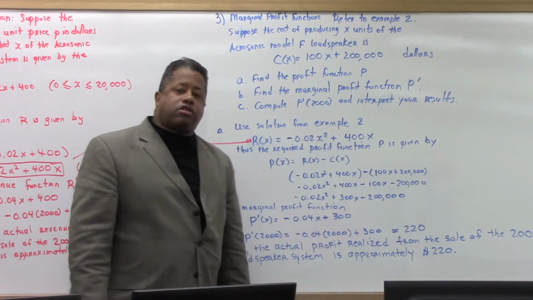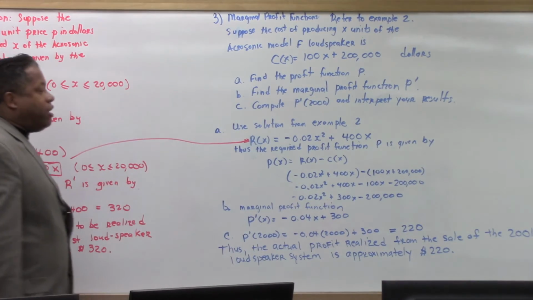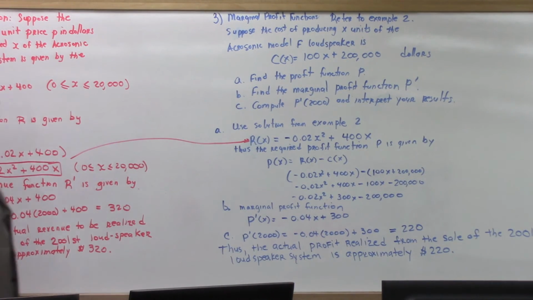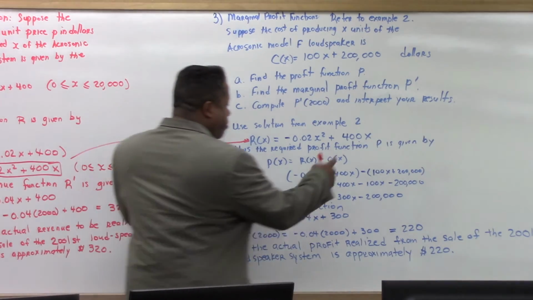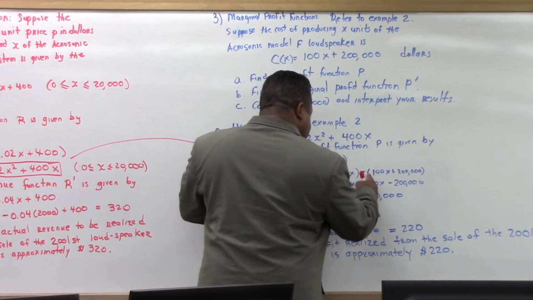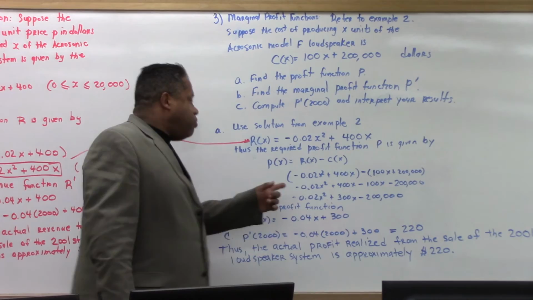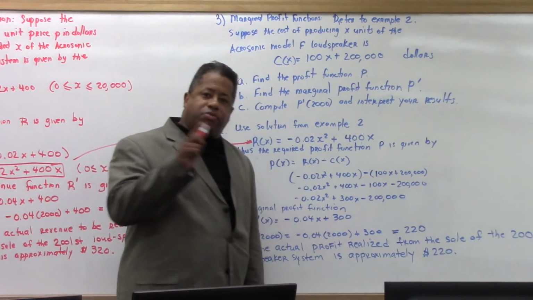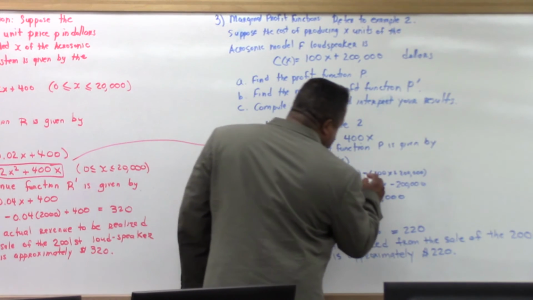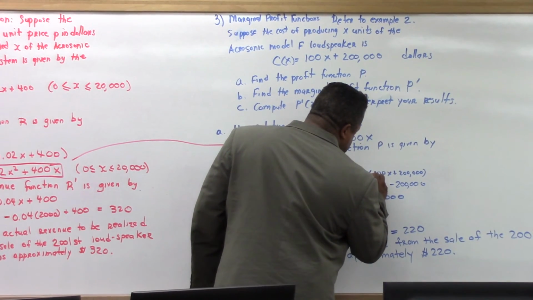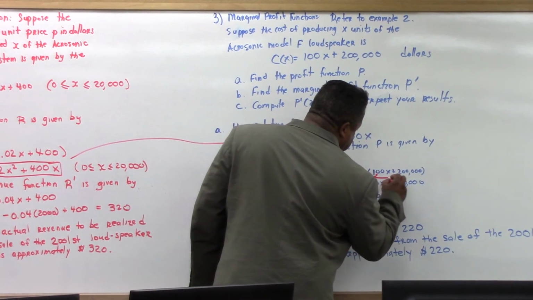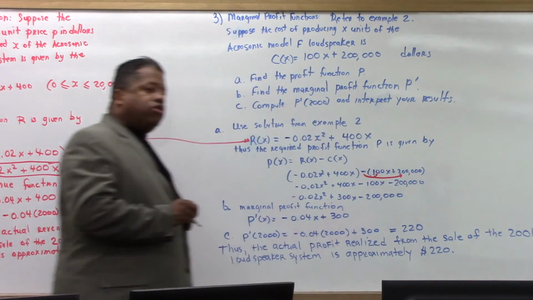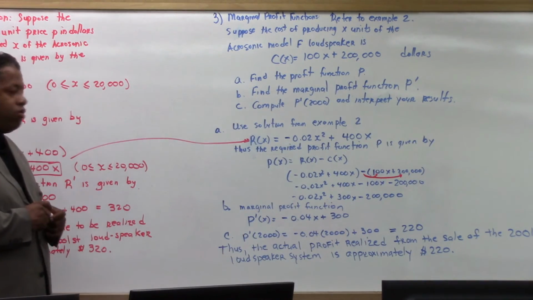P(x) equals R(x) minus C(x). Now always be careful when you take the revenue function minus the cost function. When you're simplifying this, a lot of students make the mistake of not distributing the negative sign to each of the terms of the cost function. So it's very important that you do so.